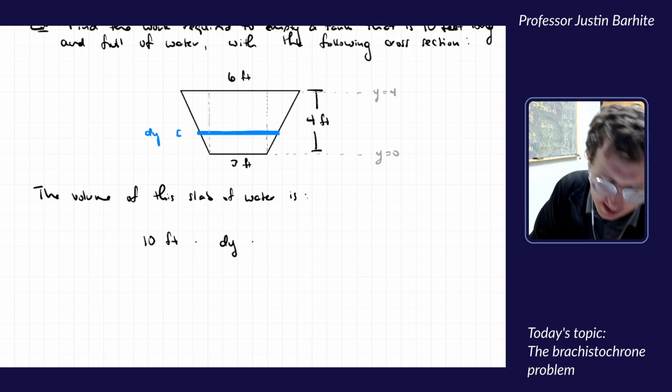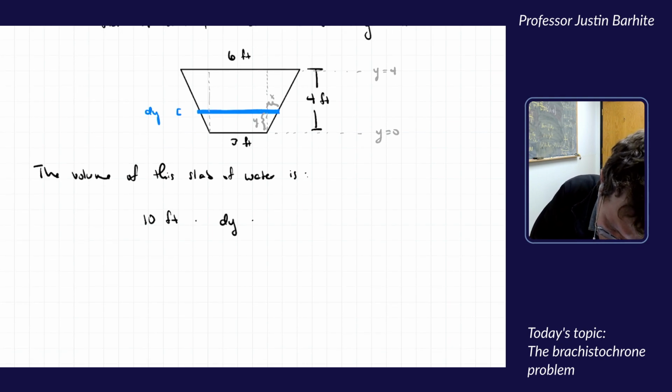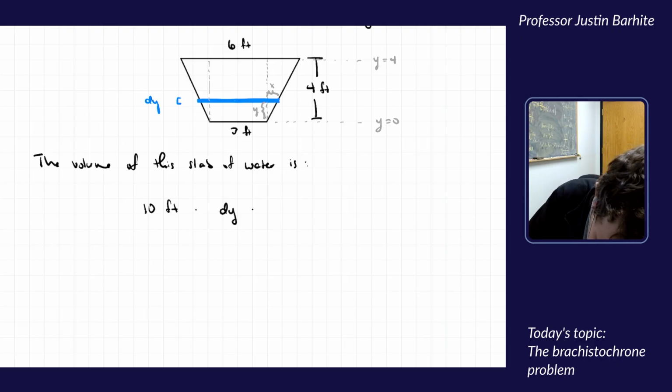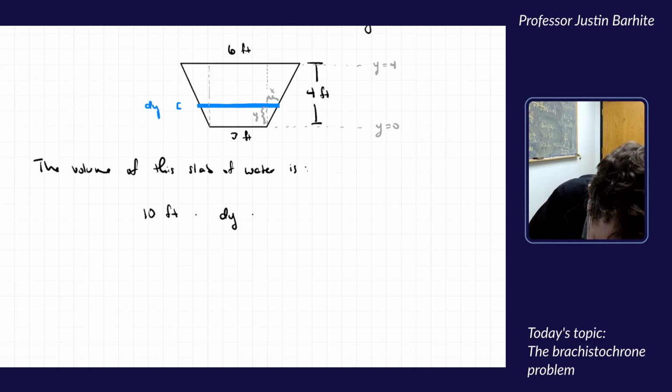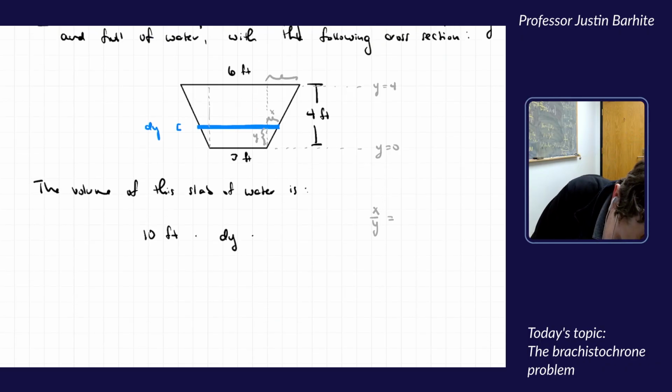Which is to say, if this is y, and if I call that x, then x over y is equal to, well, I guess I need to know what this is. That would be 1.5.